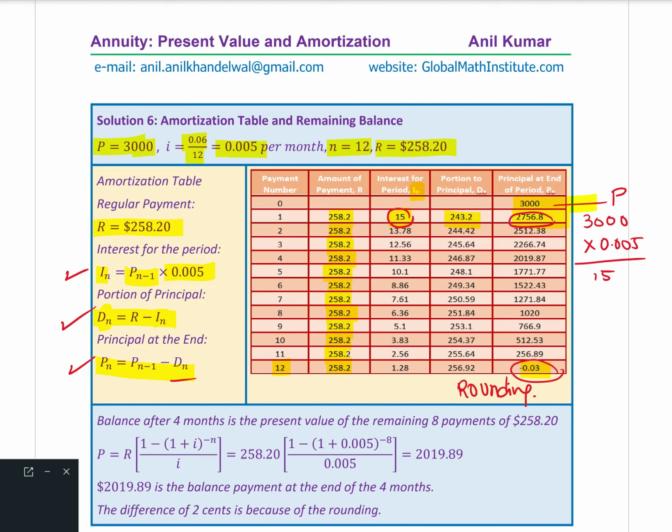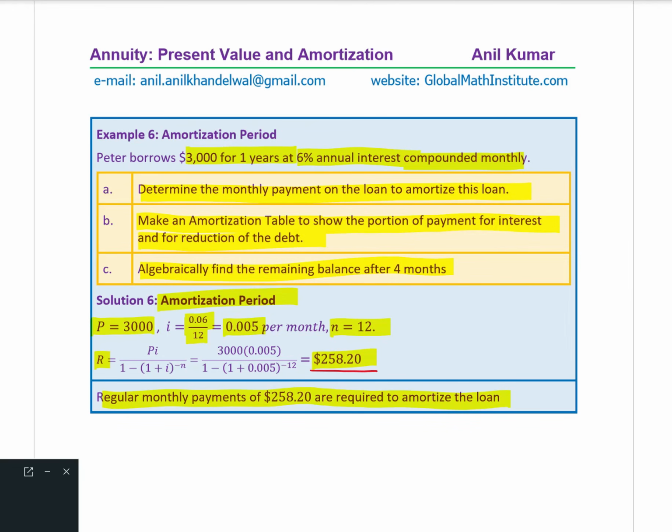Now, from the part D, the balance after 4 years is the present value of the remaining eight payments of 258.20. This is what we need to find, right? Let's go back to the question. We've done this, make a table. Now, we have to find part C, which is to algebraically find the remaining balance after 4 years.